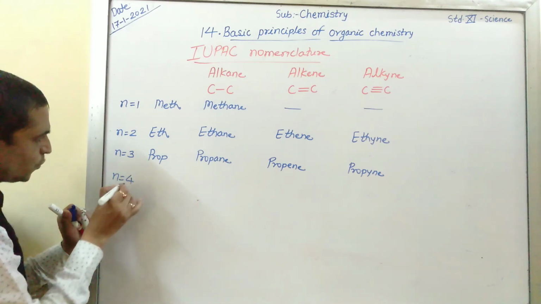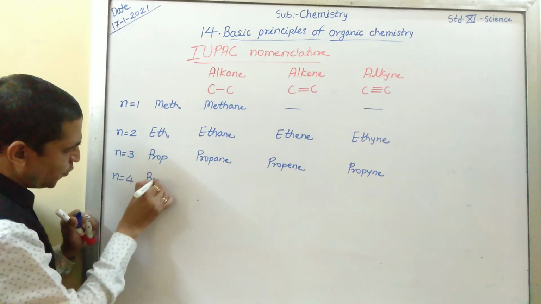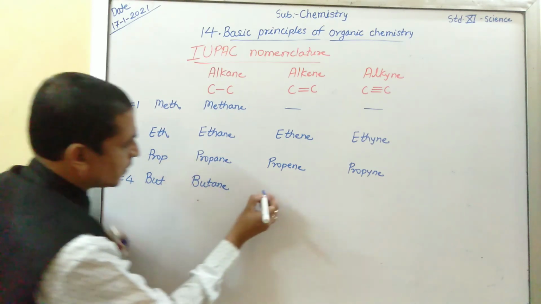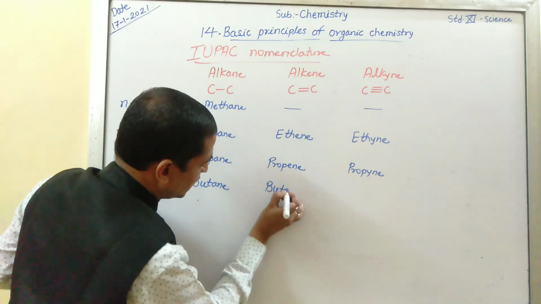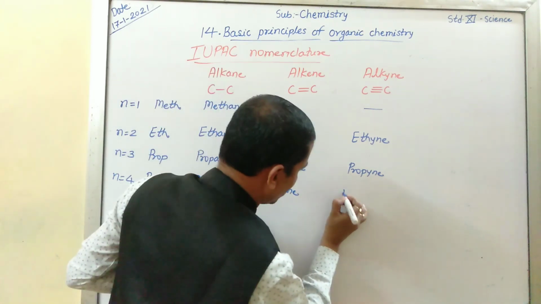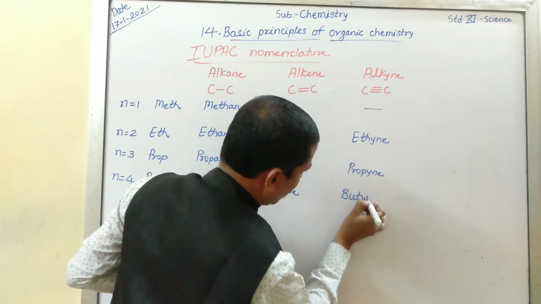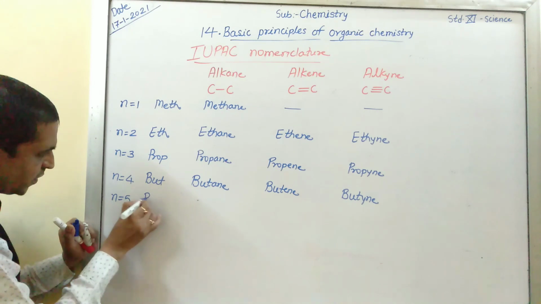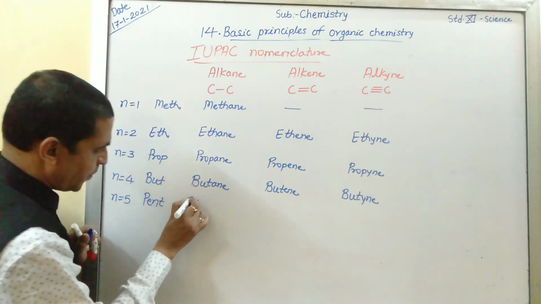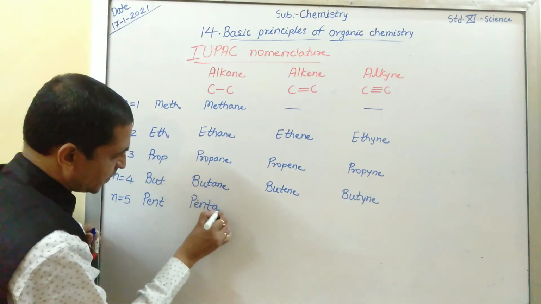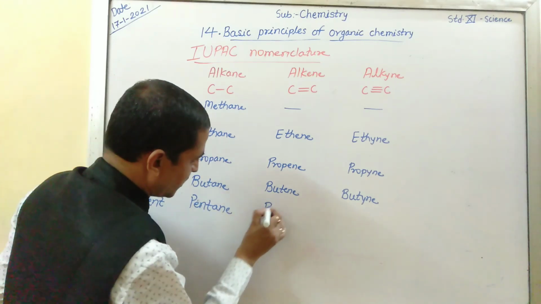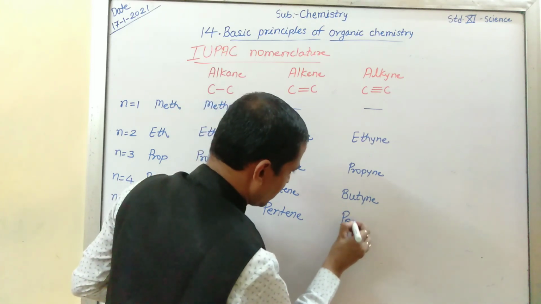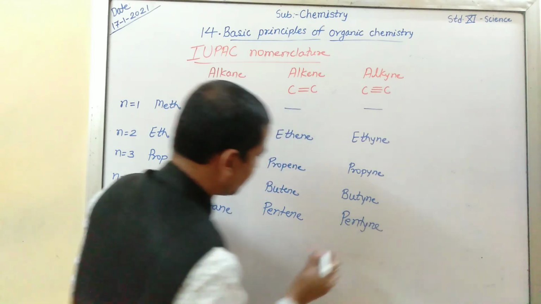Similarly, n is equal to 4 means you get but: butane, butene, and butyne. If we have n is equal to 5, then you get pent: pentane, pentene, and pentyne.